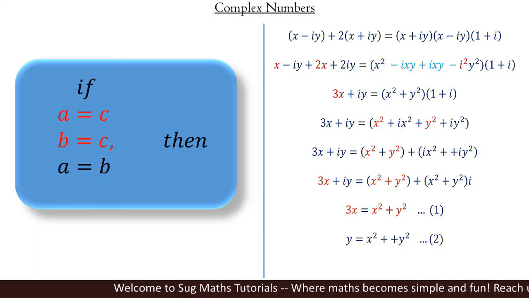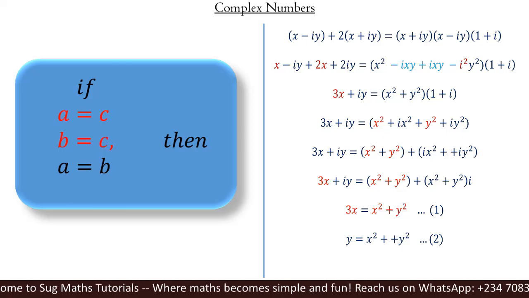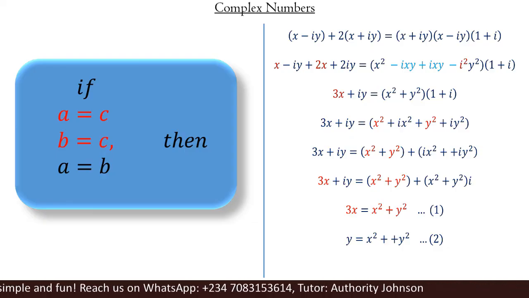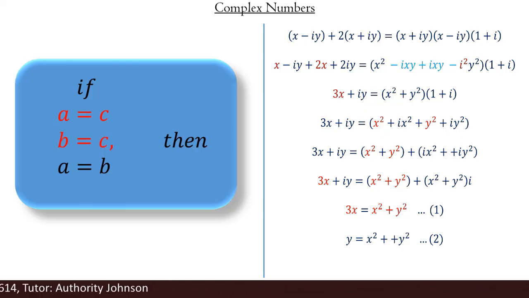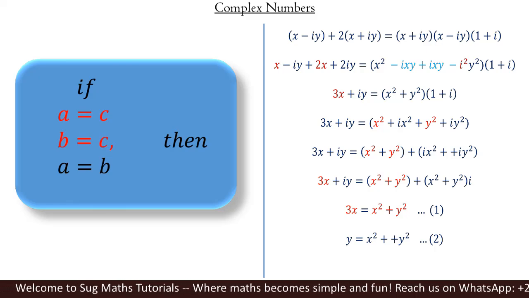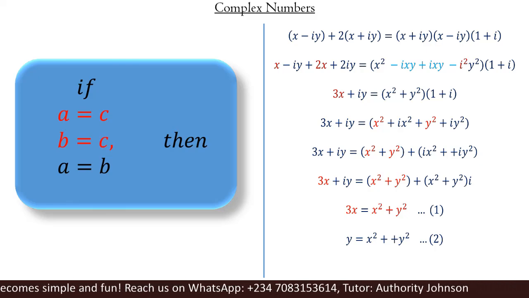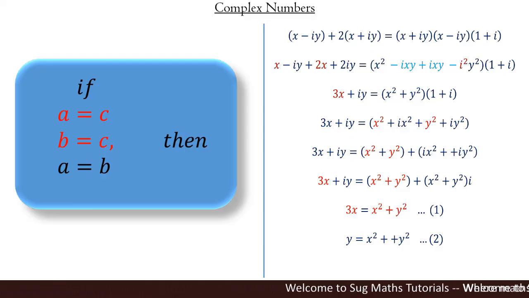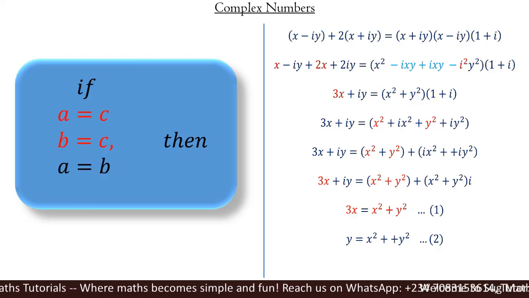Let's say that Okore has 10,000 and Eze has how much? The same 10,000. It means that Eze and Okore are equal because they have the same values. So this is what we are saying here. If A is equal to C and B is equal to C, it means that A is equal to B. So look at this. Here are equation 1 and equation 2. Equation 1 says that 3x is equal to x squared plus y squared, and then equation 2 says that y is equal to x squared plus y squared.